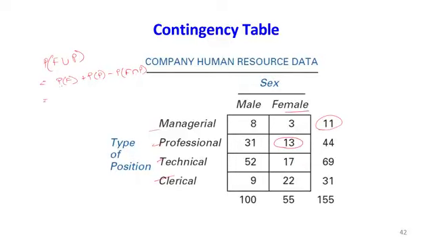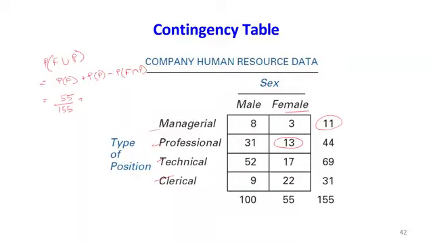Now tell me, what is the probability that a particular employee is female? I'm not considering any other event apart from whether that person is male or female. So that is 55 divided by 155. Now you understood this marginal probability. Here we are not considering any other event apart from the gender. What is the probability of being a professional person?